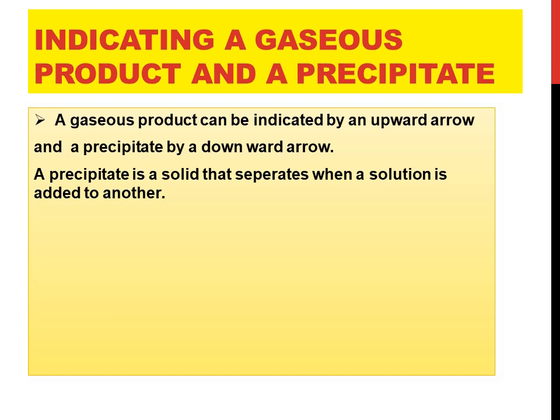Now, what is a precipitate? It is a solid that separates when a solution is added to another. Okay, so remember this definition. A solid that separates when a solution is added to another is a precipitate, and it is indicated by a downward arrow in any chemical reaction.